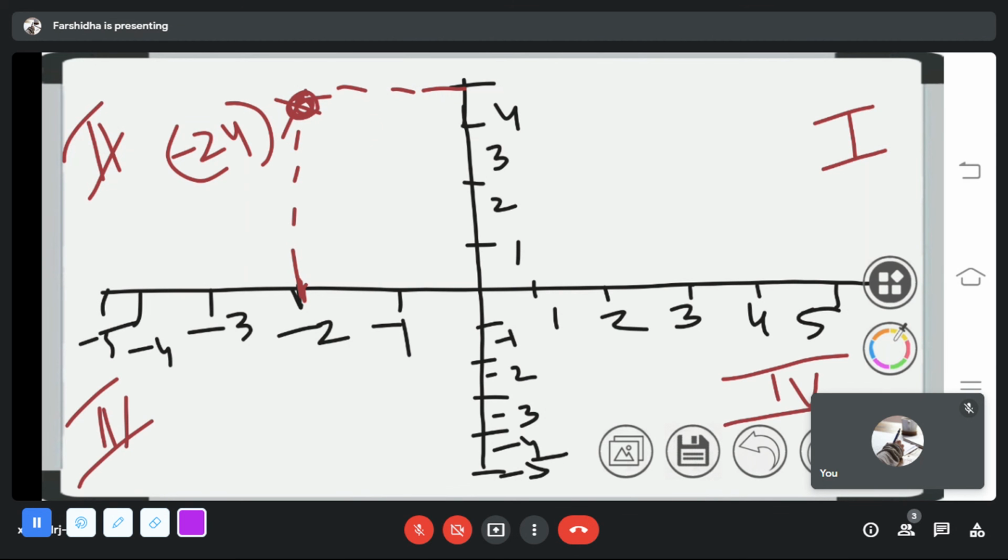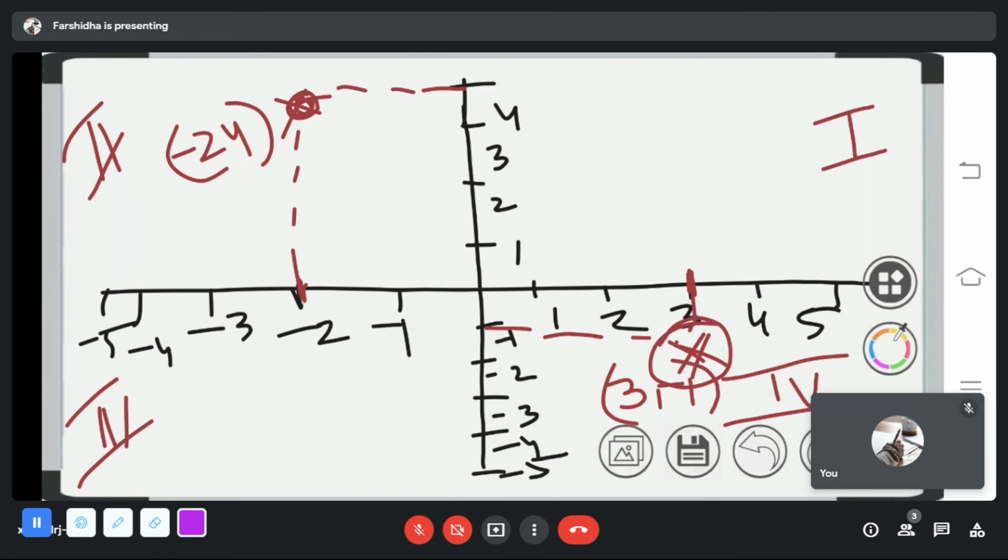That's why I told you don't forget the order. You will go left. So it is on the second quadrant. Now the second point, (3, -1). So 3 on the x-axis, -1 on the y-axis. This is on which quadrant? Fourth. So you need to write there: this is on the fourth quadrant.